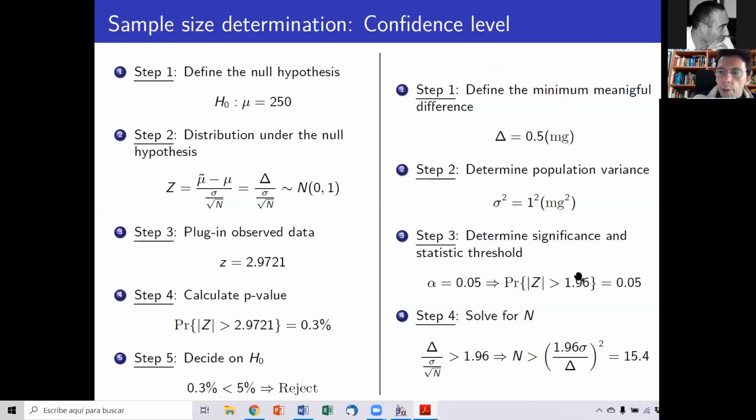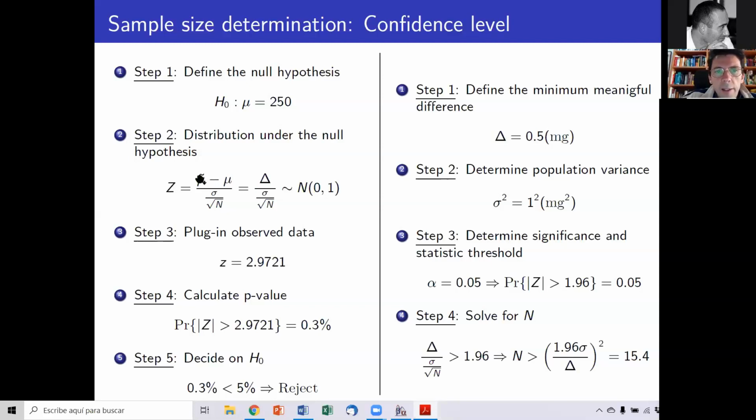So for 1.96, the area in the two tails is 0.05. And I know that if your area is below this 0.05, you will reject the null hypothesis. So to design the sample size, what I can do is, okay, let's look at the set again.